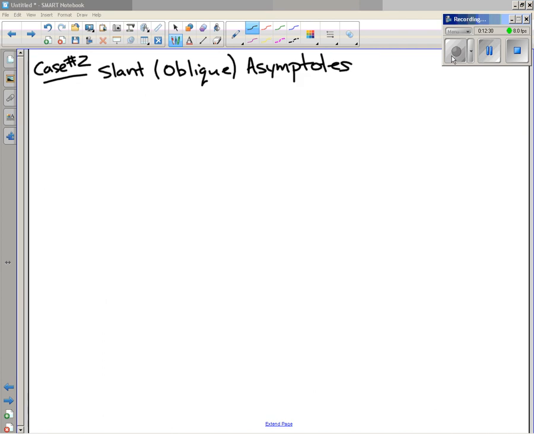Okay, so the second special case we're going to look at is what we call a slant asymptote or an oblique asymptote. So it's going to be an asymptote, but it's not going to be vertical or horizontal. It's going to be on a slant.